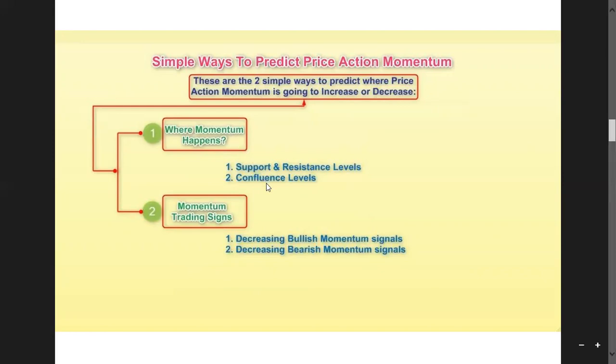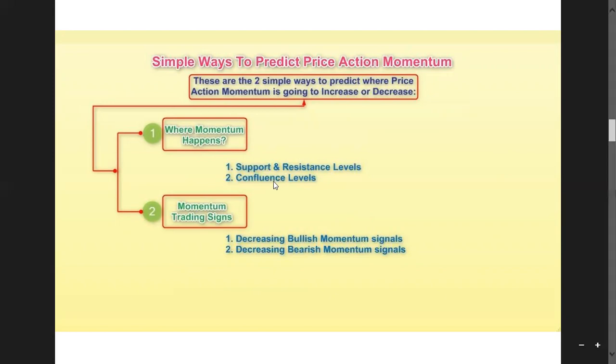And what is the confluence level? You know about the trend line and the horizontal line. When we draw a trend line and a horizontal line and they cross each other, the cross point you find is the confluence level. When two types of support and resistance cross each other, that is a confluence level.